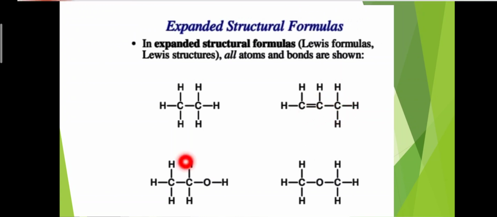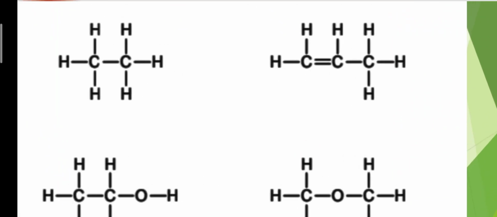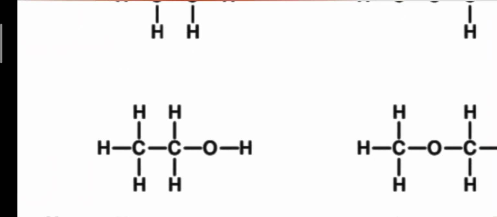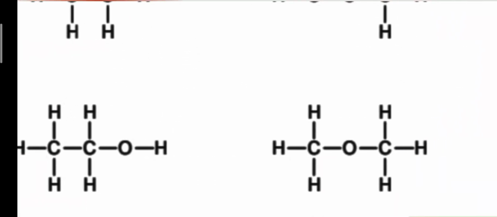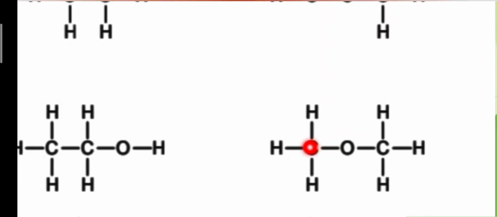This is ethyl alcohol or ethanol: a carbon-carbon single bond, and this carbon is directly bonded with oxygen and oxygen directly bonded with hydrogen. It is dimethyl ether. In dimethyl ether, carbon atoms are directly bonded with oxygen.